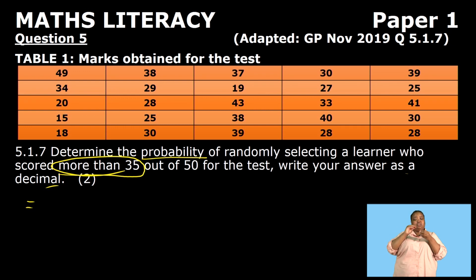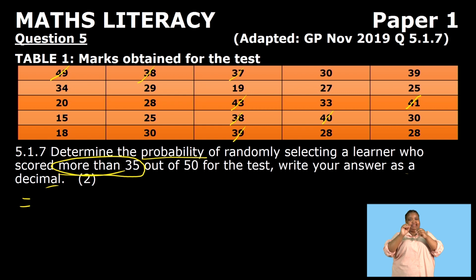So now looking at this table, we have 1, 2, 3, 4, 5, 6, 7, and 8. So we have 8 learners who scored more than 35 marks out of 50.